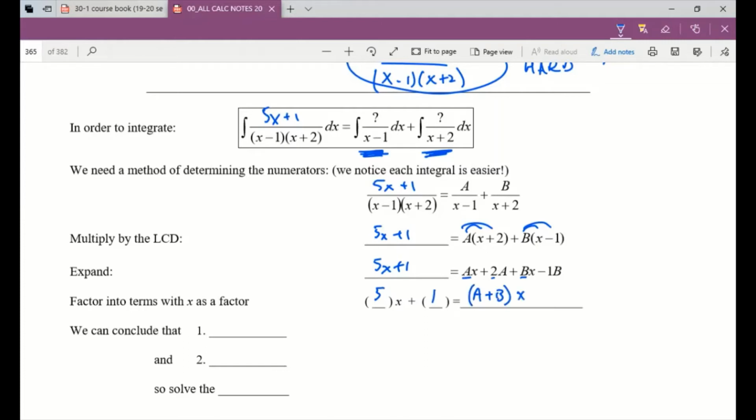And what do we have for constants? Plus 2a minus 1b. So from that, we can conclude that this term, the coefficient in front of your x, is going to be this. And we can also conclude that our constant term is going to be this one here.